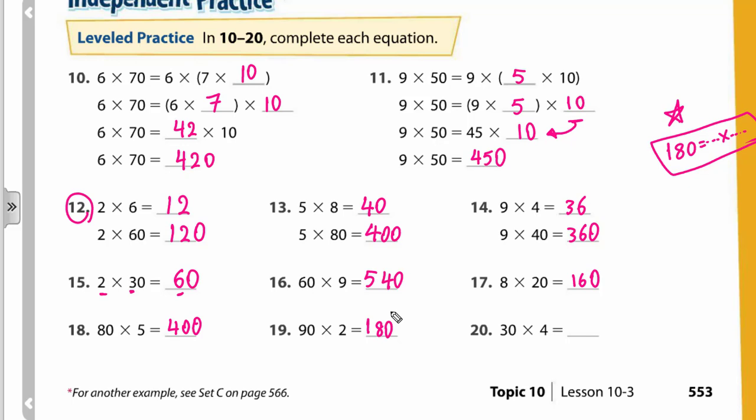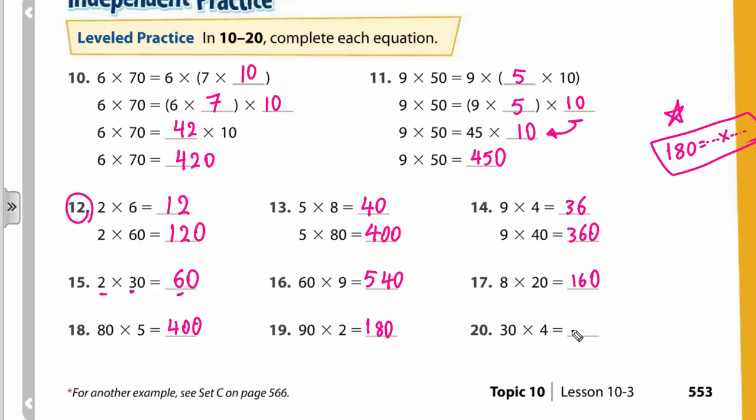Sahmi? Yes, question 20. Go ahead, Sahmi.